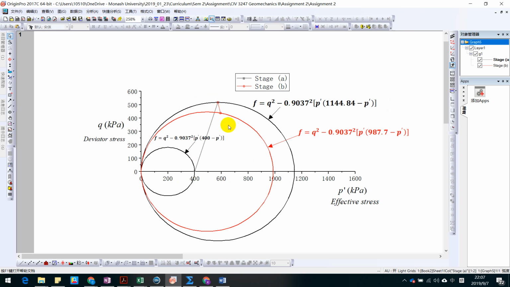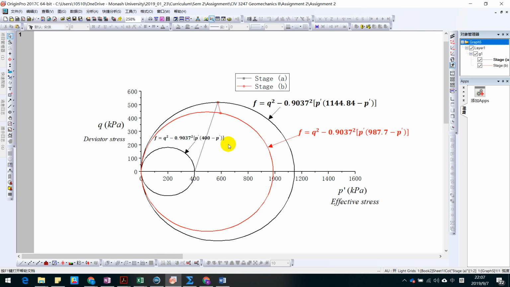In stage A we have to calculate both the elastic component and the plastic component. After that, stage B goes back and, because it's composed of only elastic behavior, we only calculate the elastic strain here. The initial condition is this point, and the changes are from here to here, and that's it.